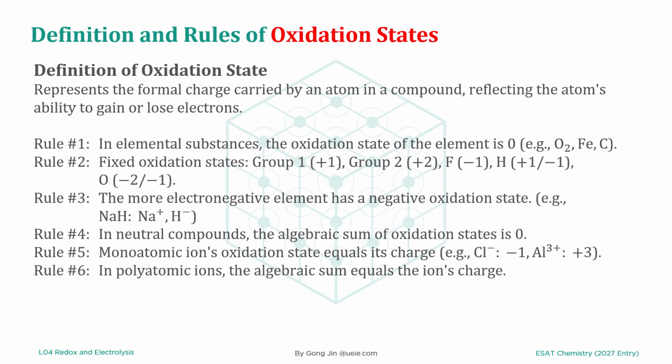For simple ions, an element's oxidation state is the same as the ion's charge. 6. In a polyatomic ion, the total of all oxidation states equals the overall charge of the ion. Be sure to memorize these rules. They will simplify your calculations a lot.